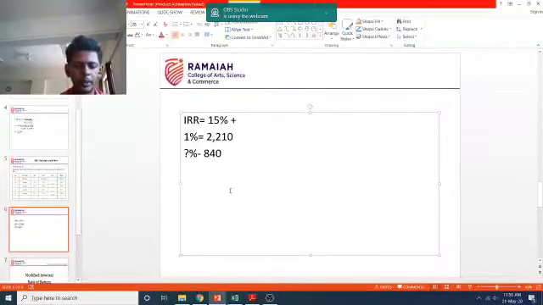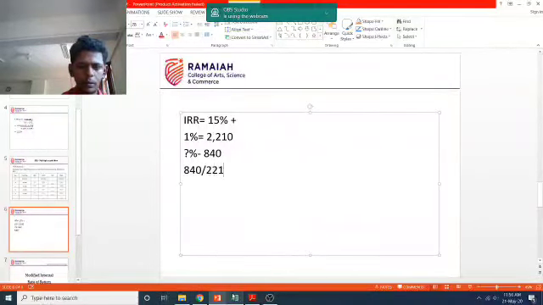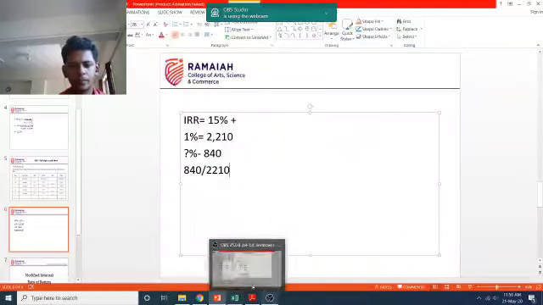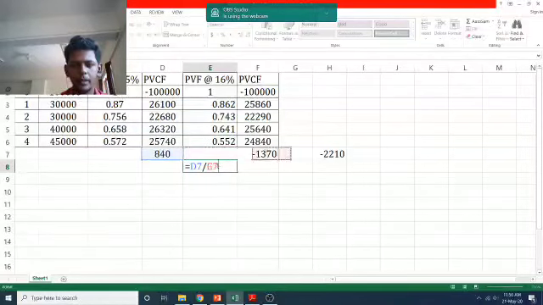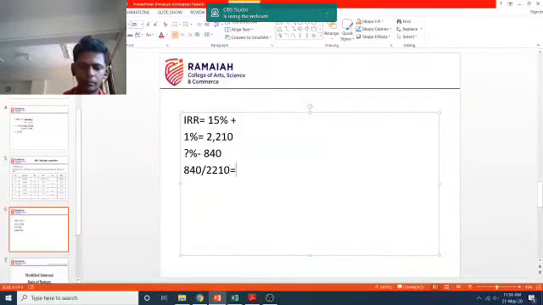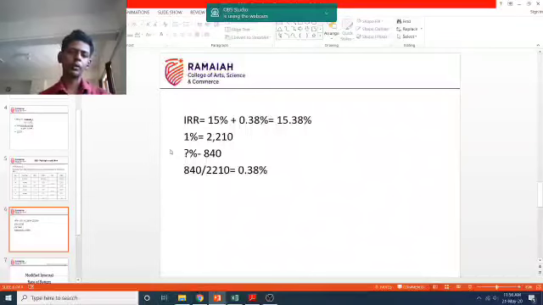We just have to cross multiply: 840 divided by 2210 gives us 0.38. Add the same here, 15.38 percentage. So your internal rate of return for this project is 15.38 percentage.